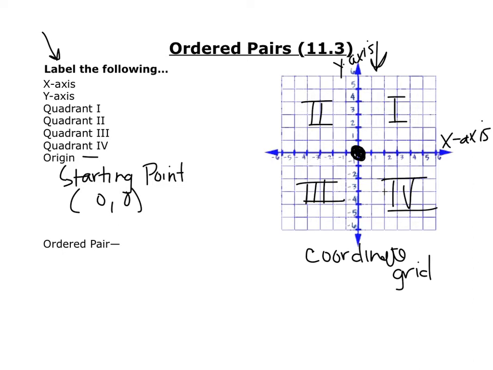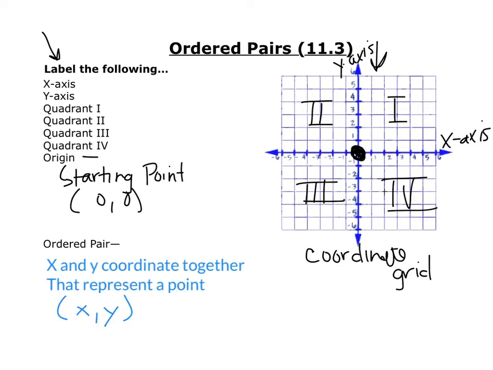So I've given you an ordered pair for the starting point, but we haven't really talked about that yet, so let's jump right in. An ordered pair is an x and y coordinate together that represents a point. You should know that whenever we write these 2 points together, the x comes first and the y comes second. Now, what does each one of those do? Again, whenever we're plotting a point, we start from the middle. We start from 0, 0.